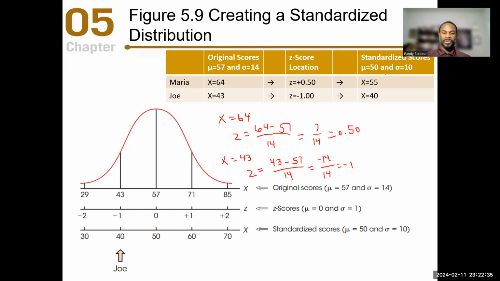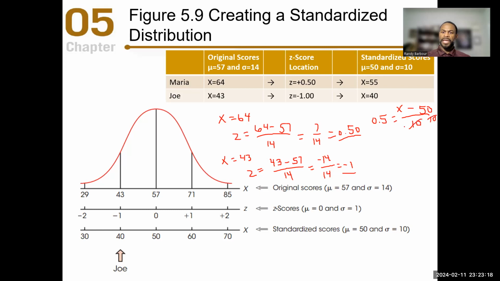All I want to do is take these z-scores and use them to find the values for my standardized scores. So you take this 0.5. I know I'm looking for my x value. I know my mean, which is 50, and I know I have a standard deviation of 10. So I'm going to multiply both sides by 10.